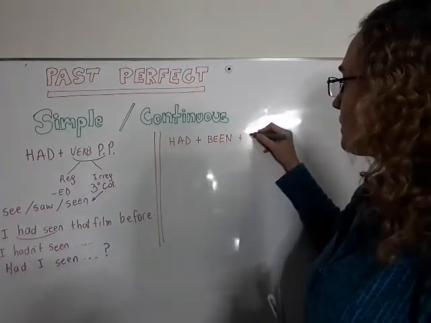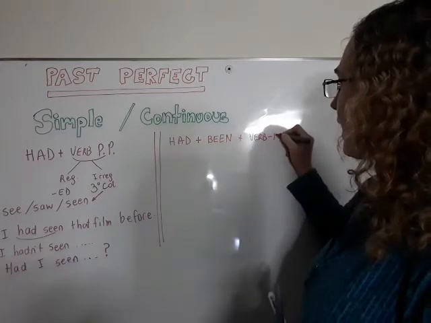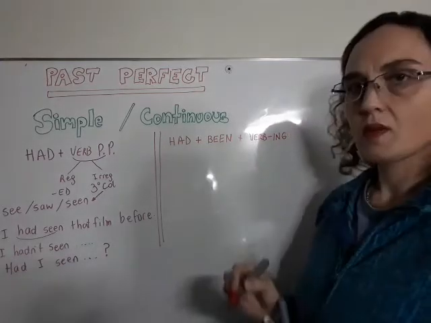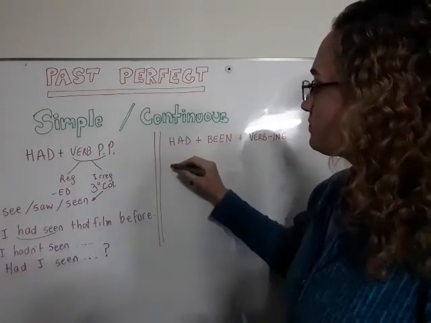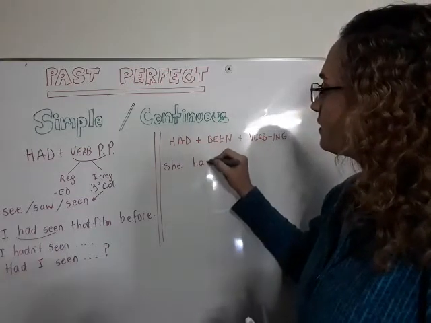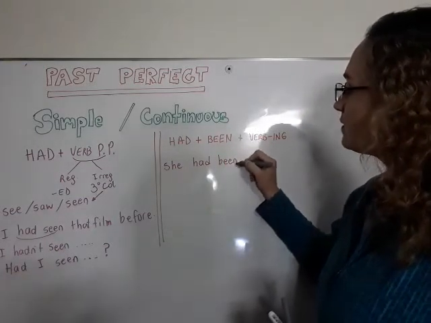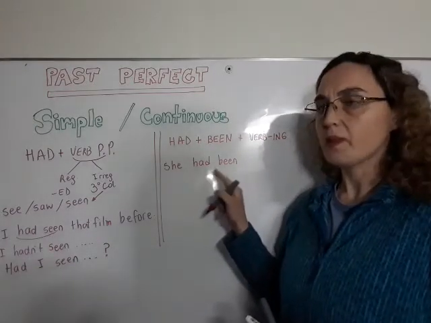And then the main verb ending in ing. All right? So, for example, she had been. It is always the same in present perfect, in past perfect continuous.